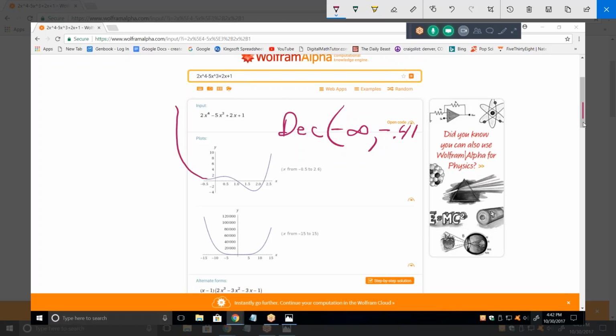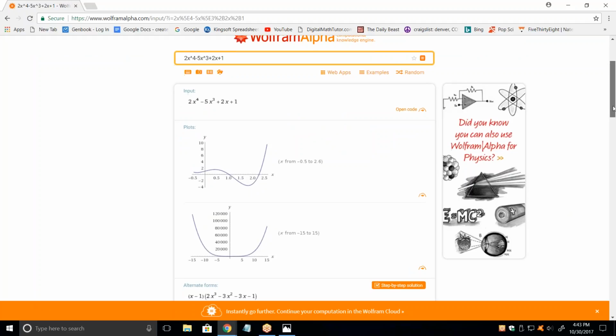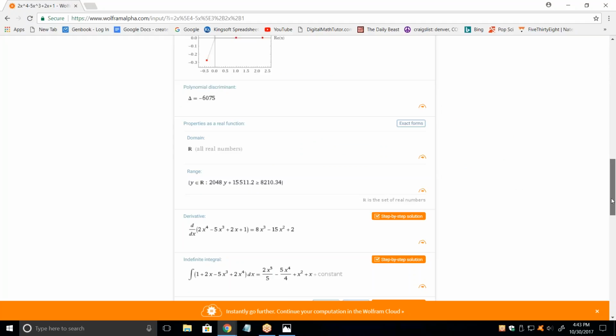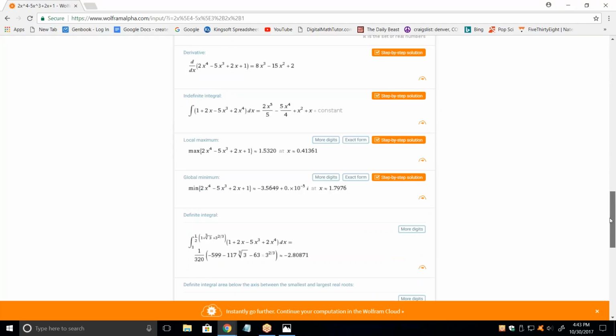I'm not sure Wolfram Alpha gave me both of those. Hold on a second. Let me go down to where we put minimum. Notice they didn't give me the second minimum. They gave me only the 1.8. Ah, that's because that's the global minimum.